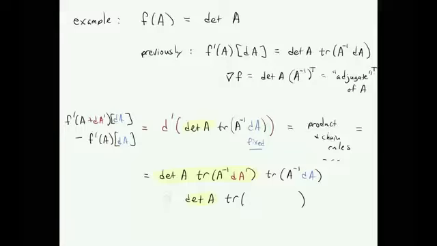So let me change this to a minus sign: trace of A inverse dA primed A inverse, and then there's still a dA. Everyone see that? So this term here is exactly d primed of A inverse, well, with the minus sign.